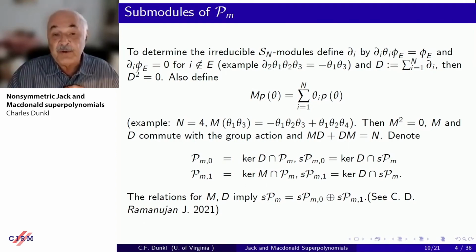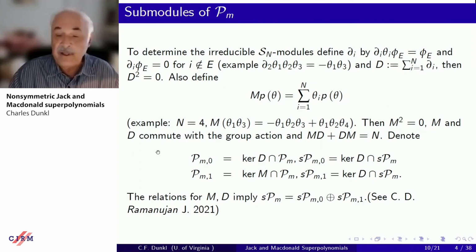So to differentiate with respect to theta 2, you move it to the front, getting a minus sign. D is the sum of the d_i's, and then D squared is 0. Then there's a multiplier operator, just multiply by the sum of all the variables. And here's an example. The theta 2 pops into the middle, giving us a minus sign. The theta 4 is at the back.